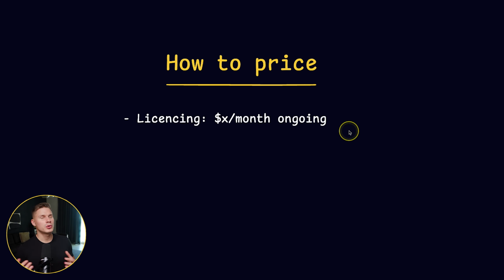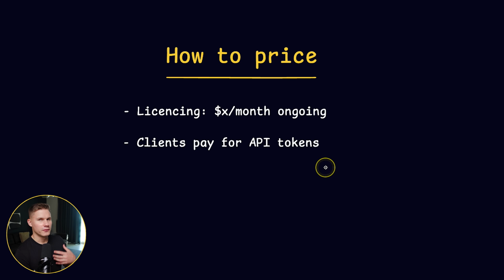Although there are more pricing models like usage-based and performance-based, these models are a bit challenging to set up. We're actively working on setting them up ourselves, and as soon as we do that, I'll post another video and show you how you can do this as well. But under the licensing model, you only charge your clients for the IP, and they also pay for the API tokens themselves. This way, you don't really have to worry about the usage of your agent going crazy.